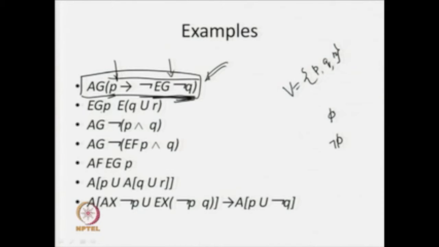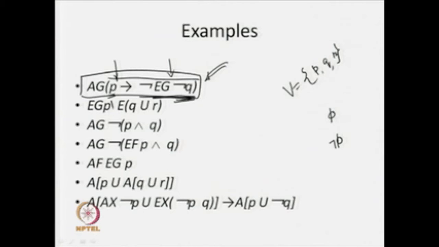Now, if we look at E G P E Q until R, you will find that it is not a CTL formula as written, because after P we have E, which is not directly connected. But we can very well make it a CTL formula by putting in a binary connective or propositional connective.